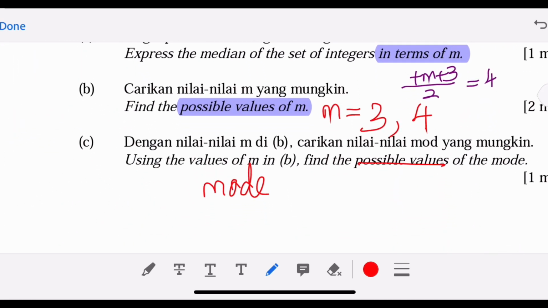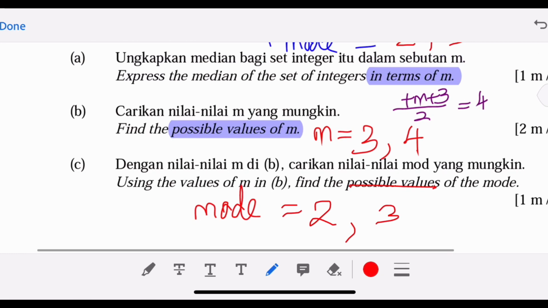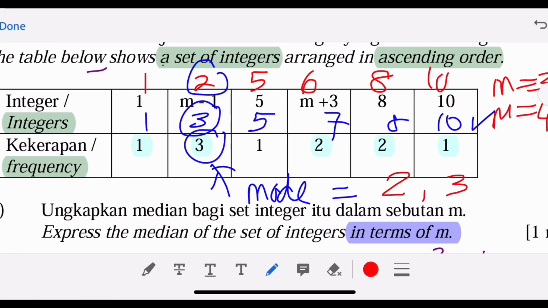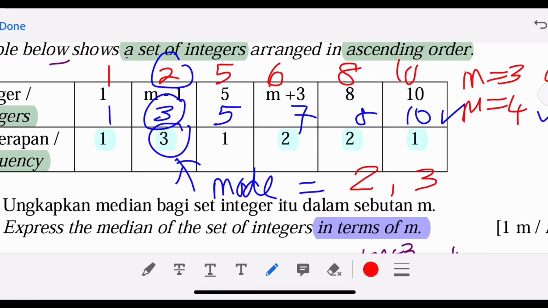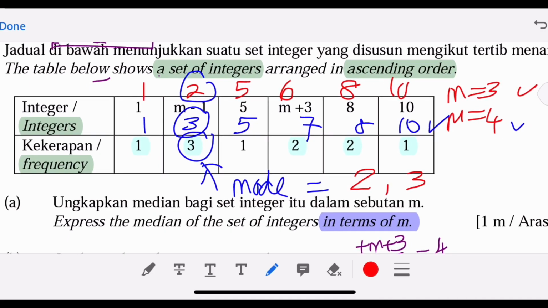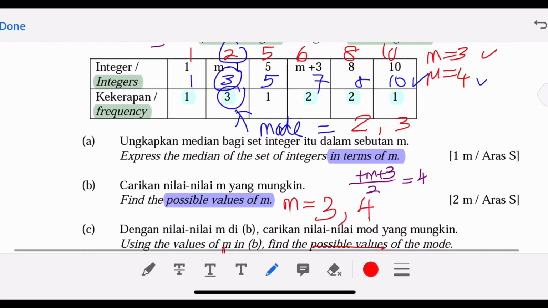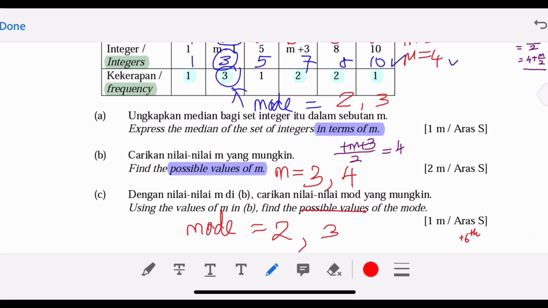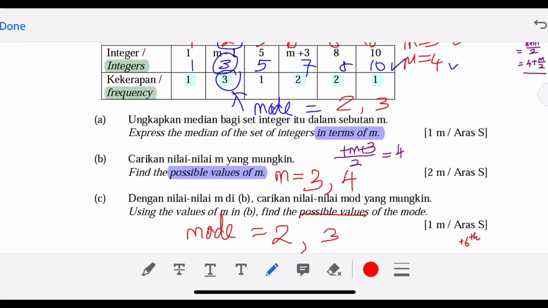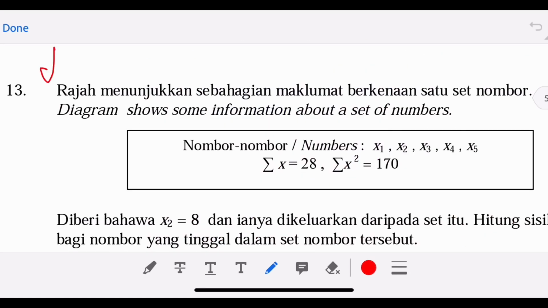I will share more questions on HOTS so that you are used to them. So the answer for the mode, when m is equal to 3 or 4, will be 2 or 3. Alright, so this is the answer for question number 12, which actually looks quite challenging, right?